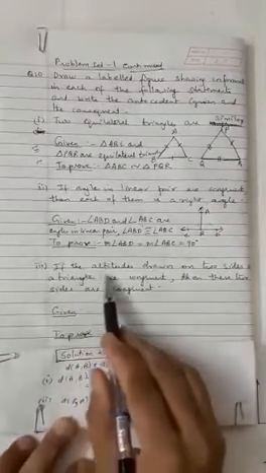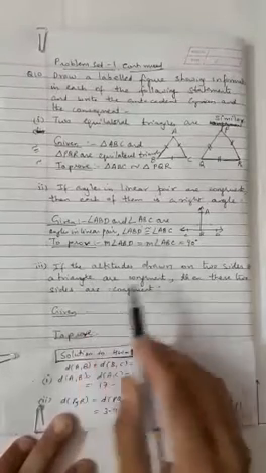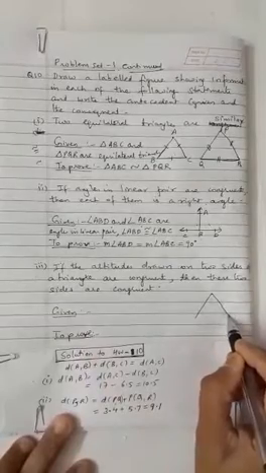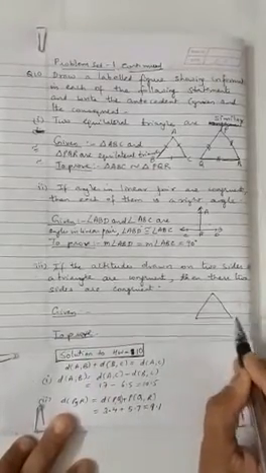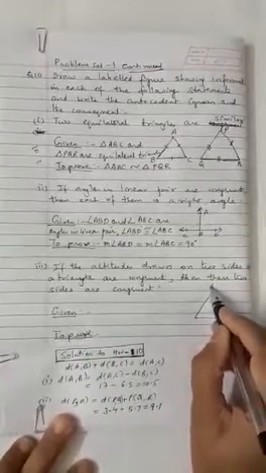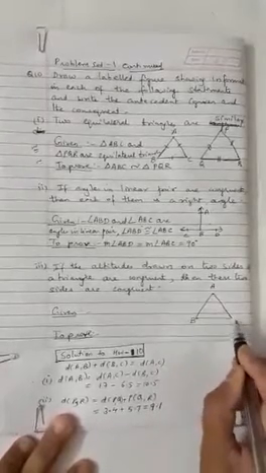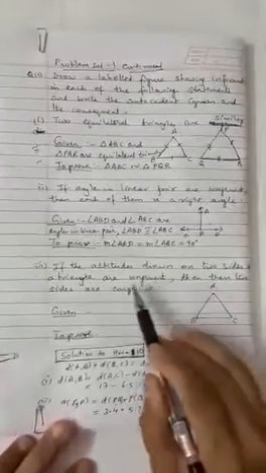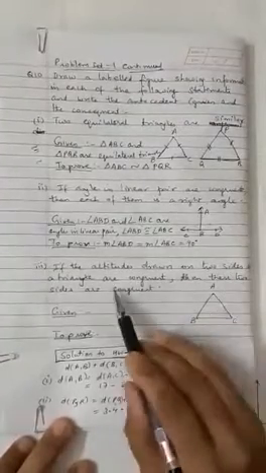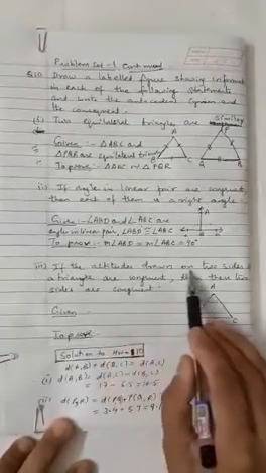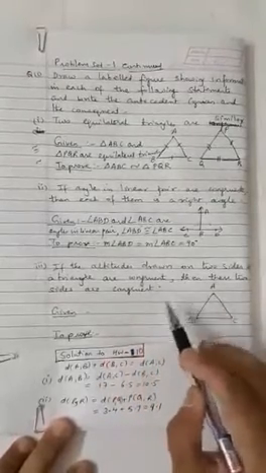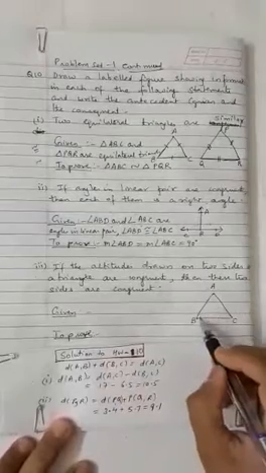Now, if altitudes are drawn on two sides of a triangle, first of all, let us draw a triangle. Let us draw a triangle and name it A, B and C. A triangle has three sides, and on two sides of a triangle, if the altitudes drawn are congruent, then these two sides are also congruent.